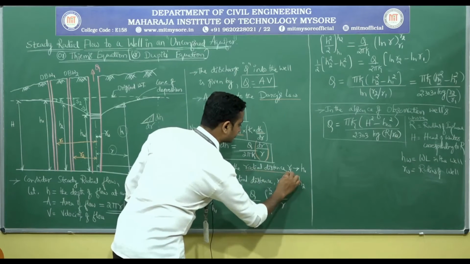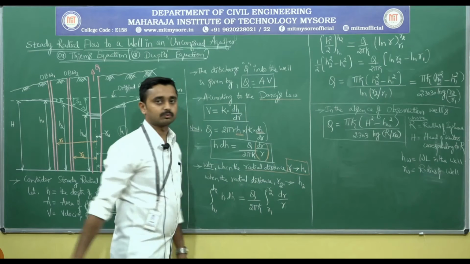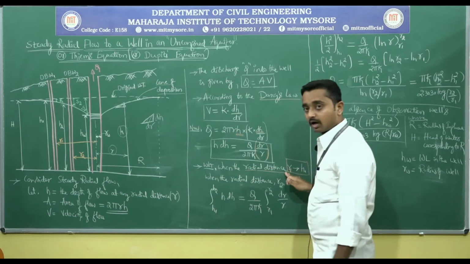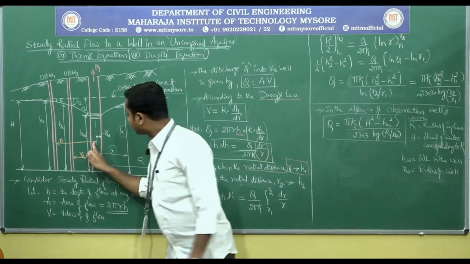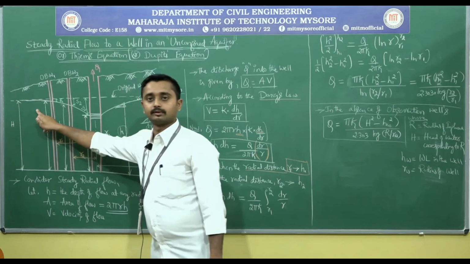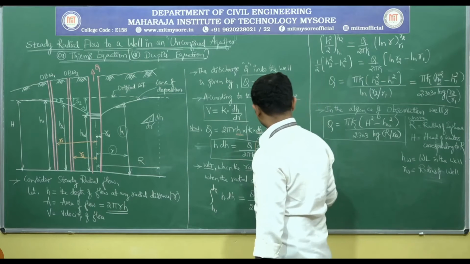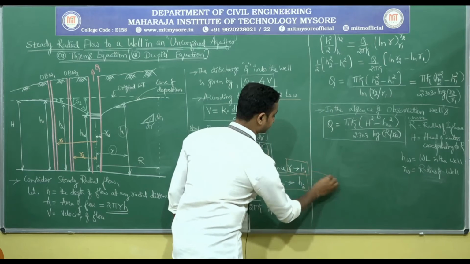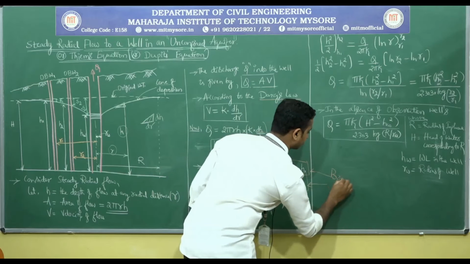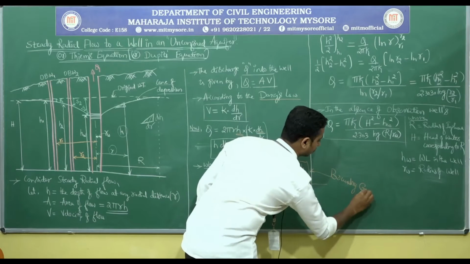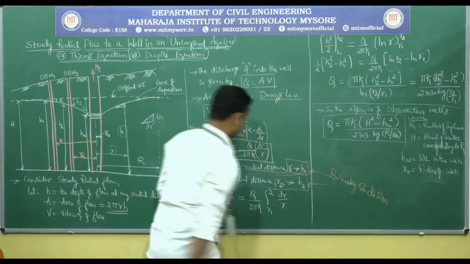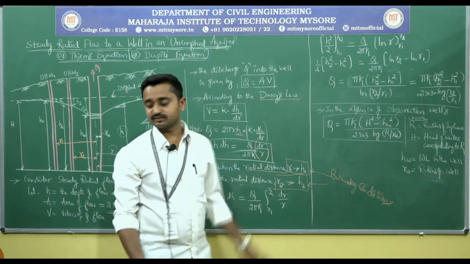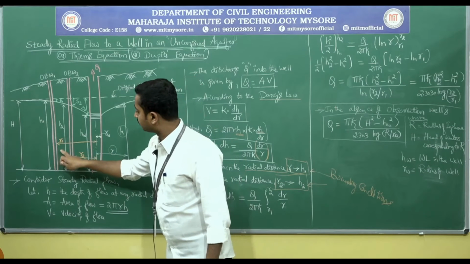When the radial distance is r1, the depth of flow is h1.